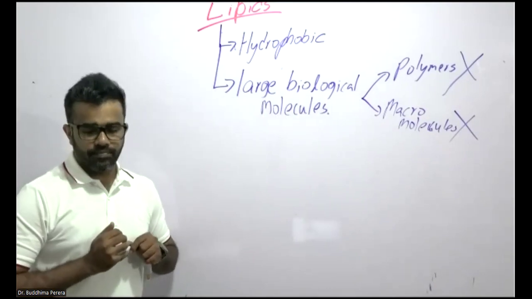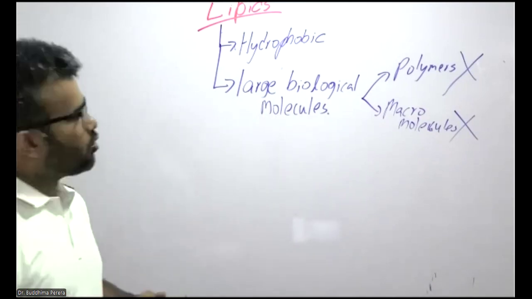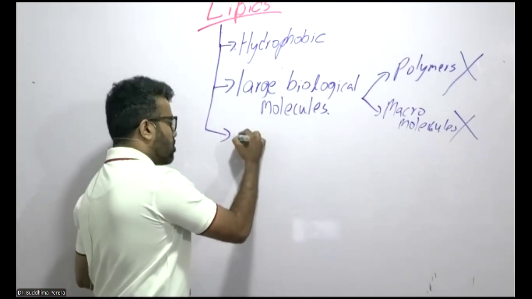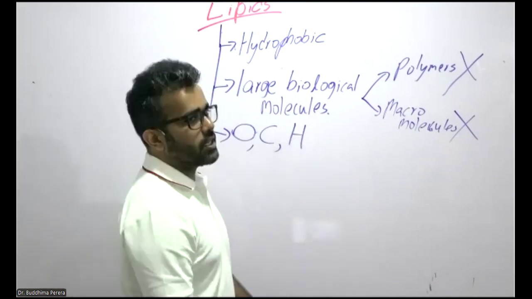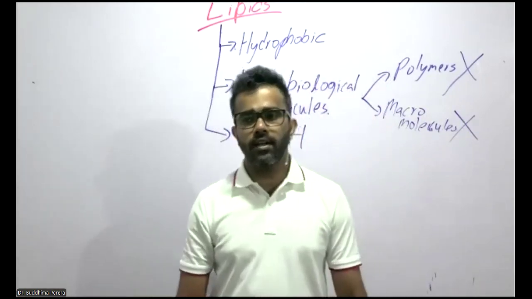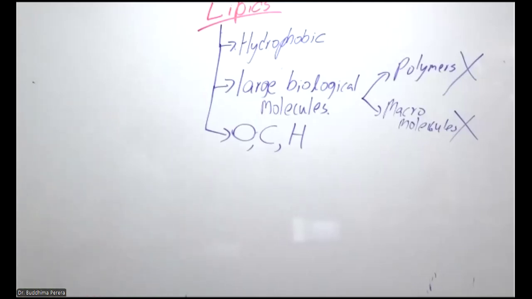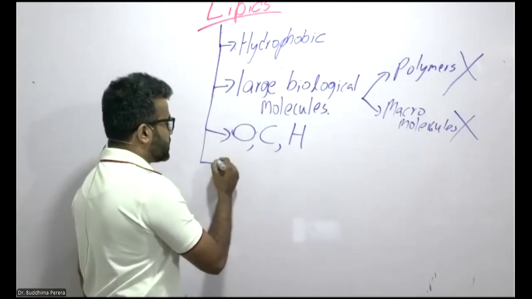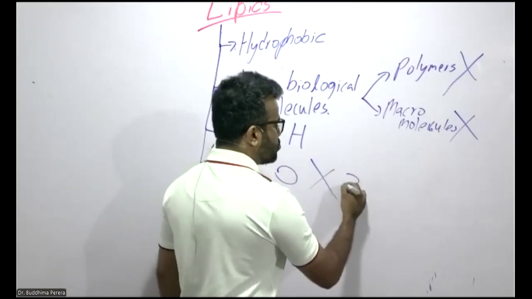Right. Then the elemental composition of lipids is the same as carbohydrate, C, H, O. It just contains oxygens, carbons, and hydrogens only, right? There are no nitrogens, no sulfur, no phosphorus or other things. The hydrogen to oxygen ratio in lipids is not 2 to 1.